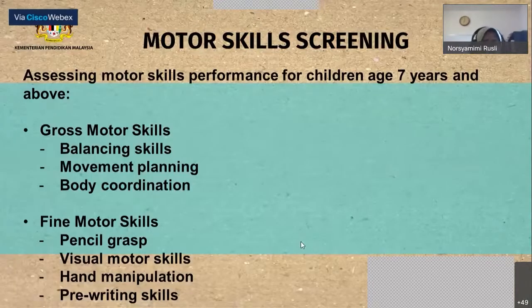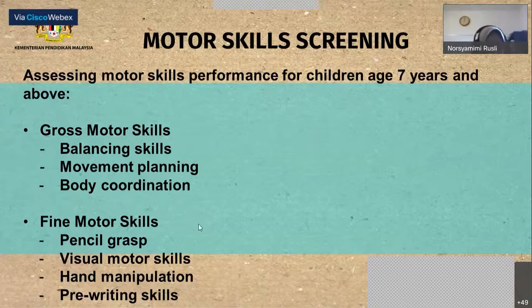Okay, so motor skill screening. For screening, I will focus on assessing motor skill performance for children aged 7 years and above. It has gross motor skills and fine motor skills. These are the components that we will be discussing.